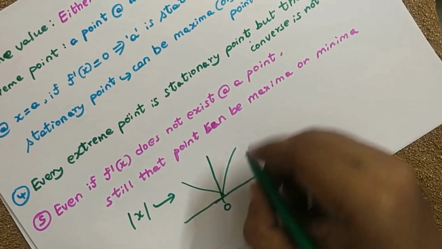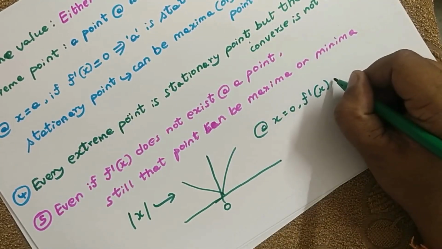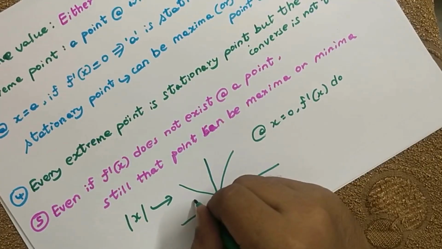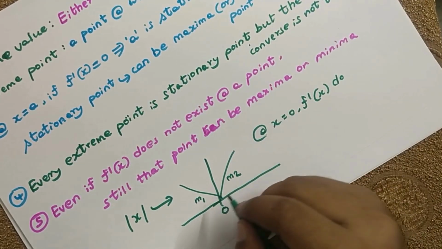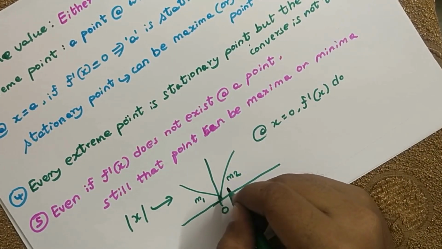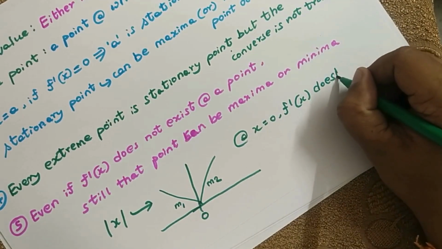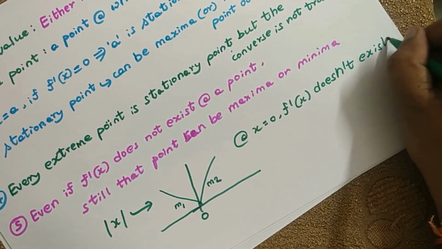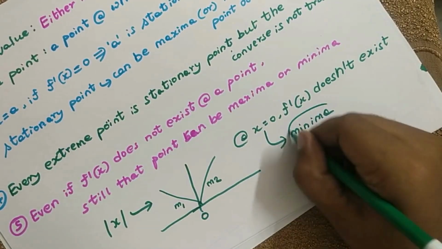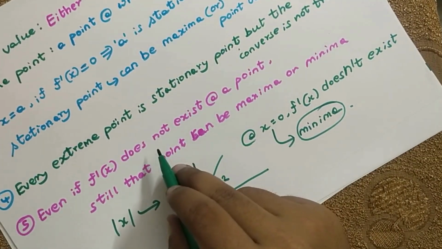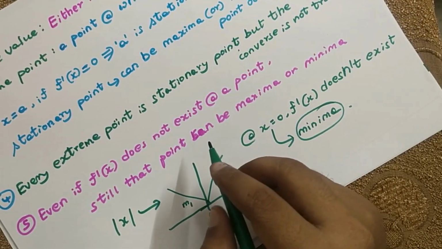So is 0 దగ్గర, at x is equal to 0, f dash of x does not exist. ఎందుకంటే సో దీనికి స్లోప్ వేరేగా ఉంటుంది అండ్ దీనికి స్లోప్ వేరేగా ఉంటుంది. సో మనకి ఎగ్జిస్ట్ అవ్వాలంటే సో బిఫోర్ 0 స్లోప్ సేమ్ ఉండాలి, ఆఫ్టర్ 0 స్లోప్ సేమ్ ఉండాలి. బట్ హియర్ దట్ ఈస్ నాట్ హ్యాపెనింగ్. సో అందుకే f dash of x అనేది డజంట్ ఎగ్జిస్ట్ హియర్. బట్ ఇక్కడ 0 అనేది, దిట్ 0 ఈజ్ అ మినిమా పాయింట్. సో అదే ఇక్కడ చెప్తుంది, ఈవెన్ ఇఫ్ f dash of x does not exist at a particular point, still that point can be maxima or minima. Very simple. Okay.